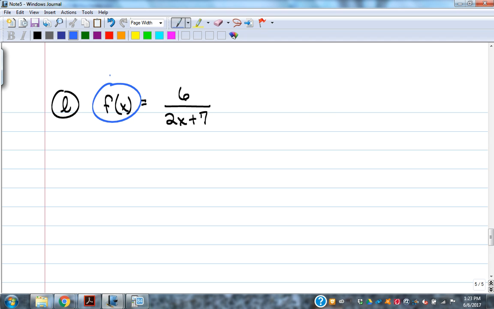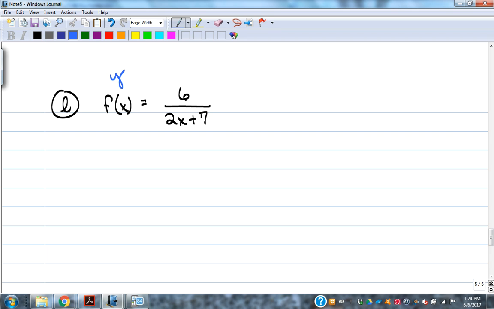What was over here in the other problems? Y. That's the same thing as y. It's just function notation for that. It's just writing it in a different notation. It's function notation because we're talking about functions in this section. So f of x and y are the same thing.